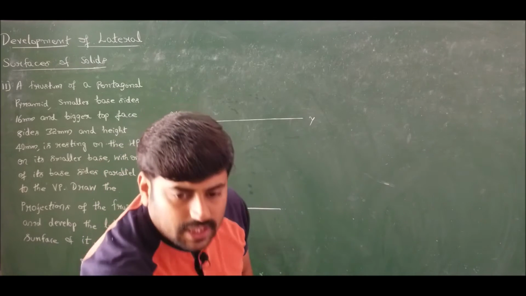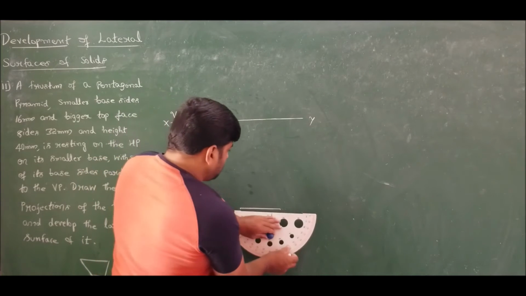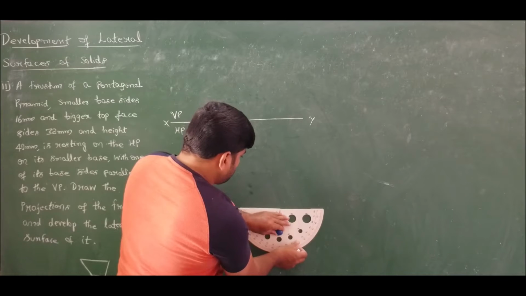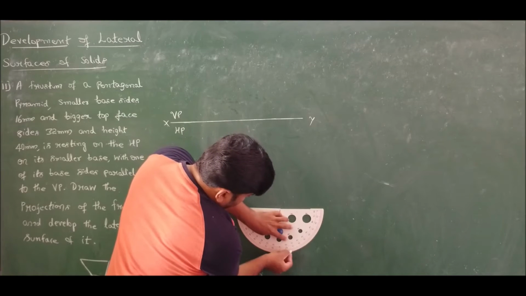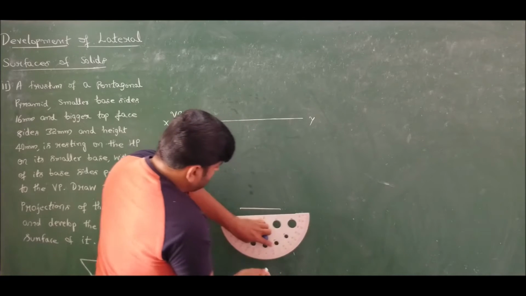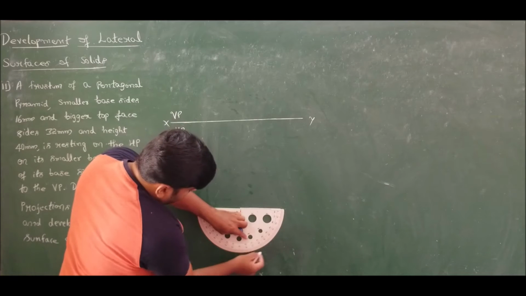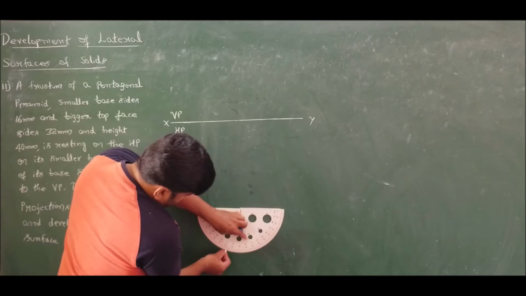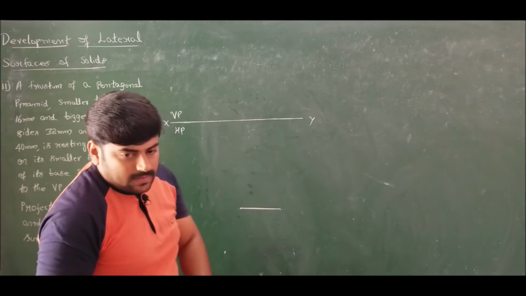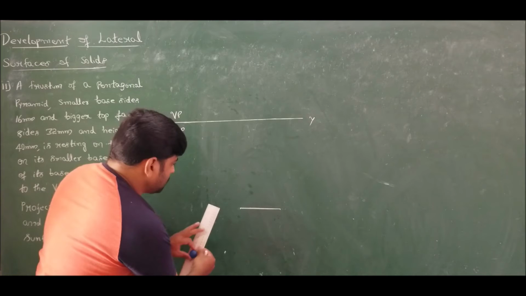Using this, I will construct the pentagon by the angle method. You know that the interior angle of a pentagon is 108, whereas the exterior angle is 72. Similarly, mark the angle here also. Now using these angles, construct the remaining two sides.